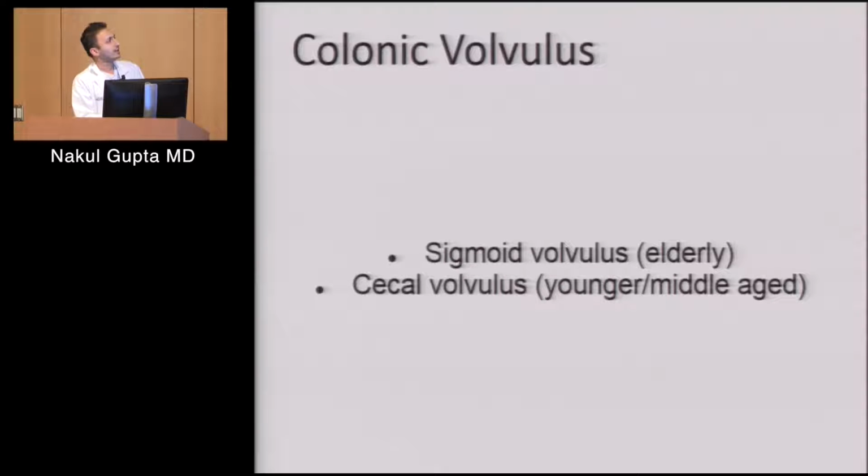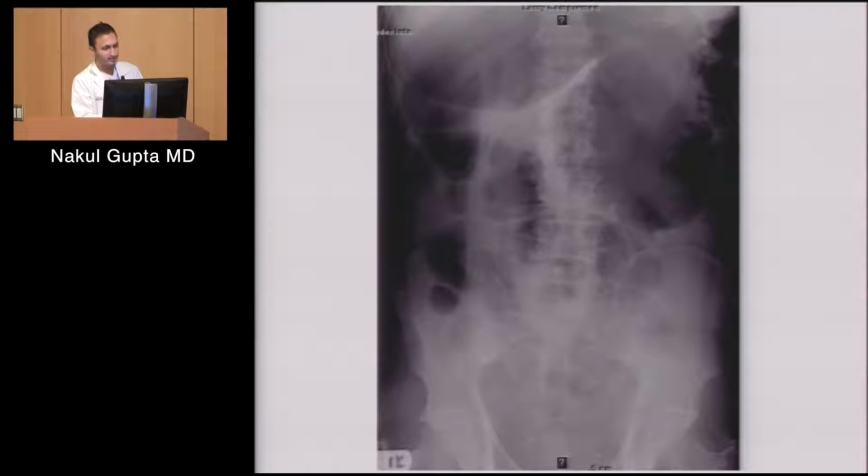And then in younger or more middle-aged patients, you'll see something called cecal volvulus, which we'll see here in just a second. So look at this radiograph for a second. So basically, there's a huge dilated segment of colon here, and this time it's more towards the left upper quadrant as opposed to the right.